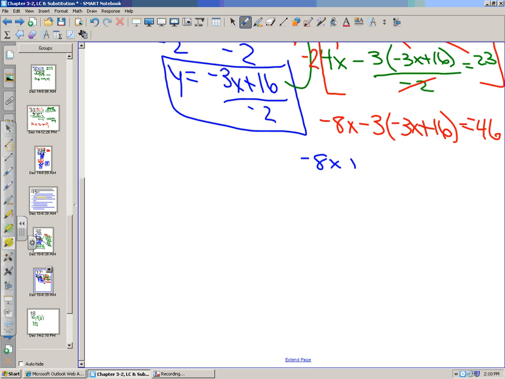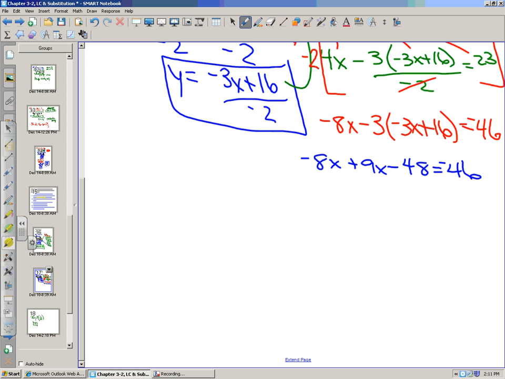Negative 8x plus 9x minus 48 is equal to negative 46.